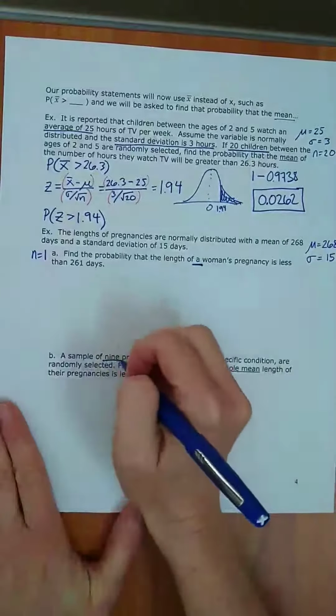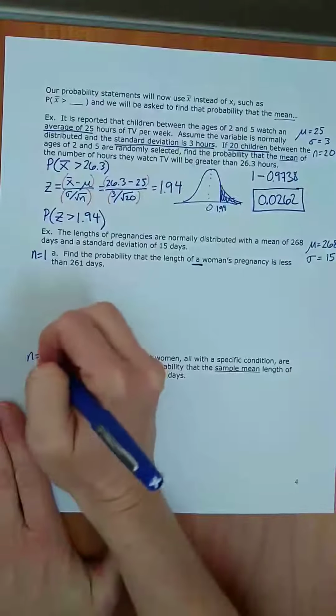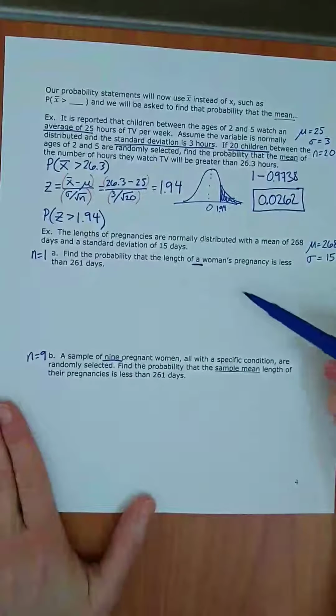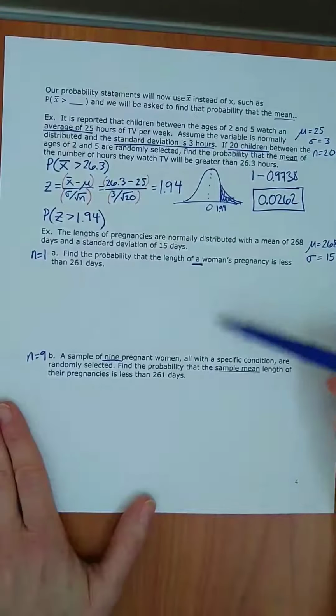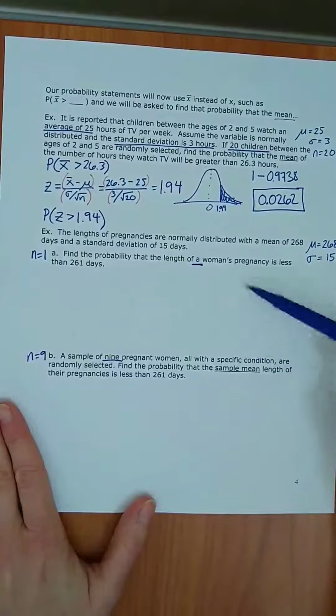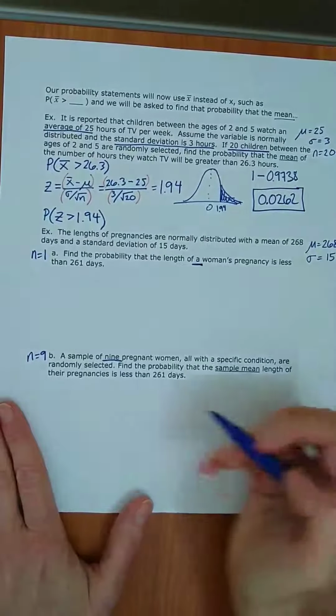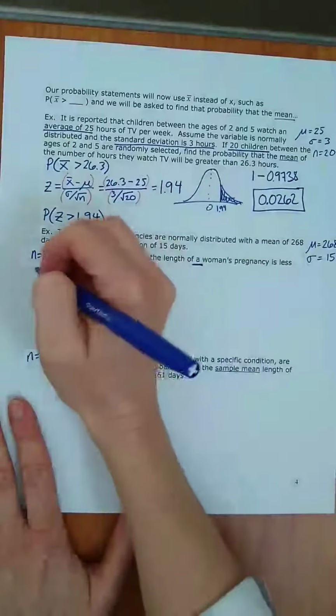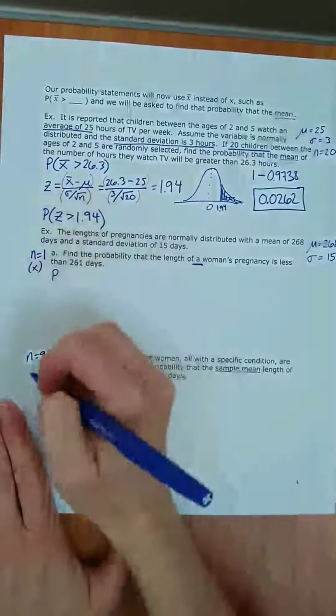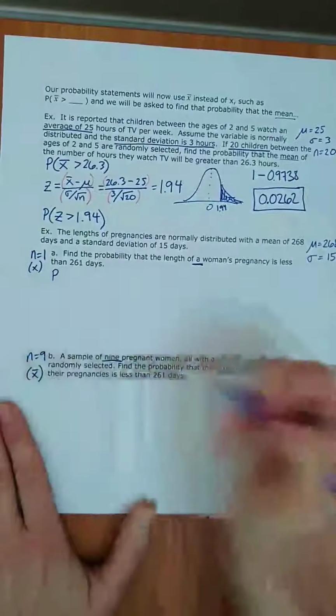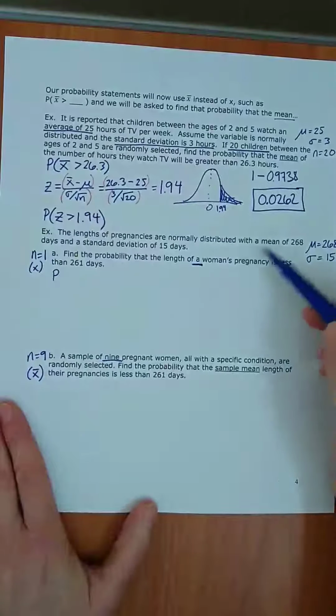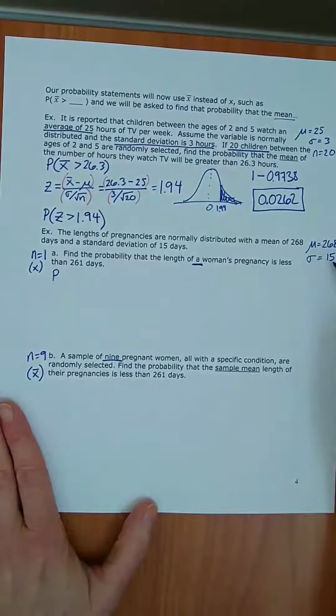So here we have a sample of 9. So when we had just one individual person, one individual data point, that is what we did in chapter 7. So we are working with X here and X bar here. So same overall information, same mu and sigma, but the two different contexts here for parts A and B.